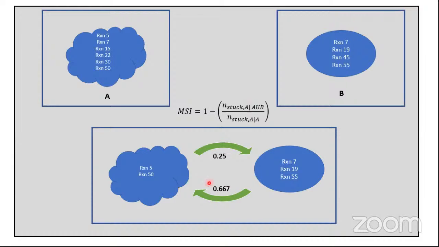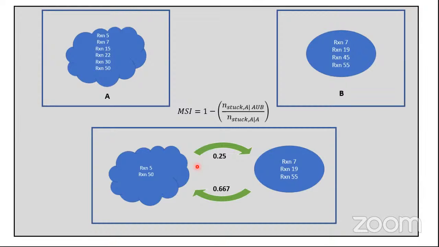So this is basically the property of one microbe to interact with another microbe. How are these stuck reactions being relieved?